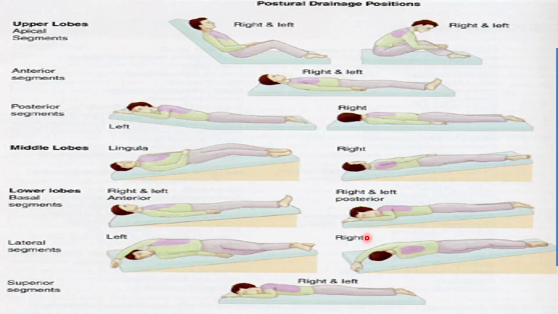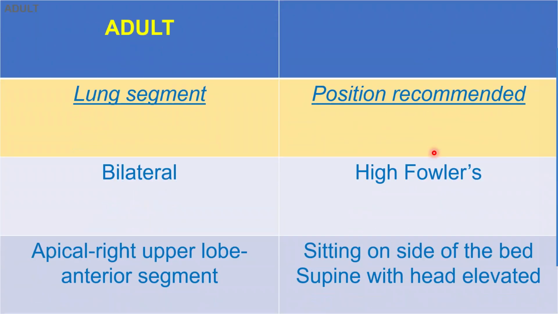So this is just another illustration of how you will position your client, or another postural drainage position. Okay, for adults, what we showed in the pictures in the previous slides is just the description again.